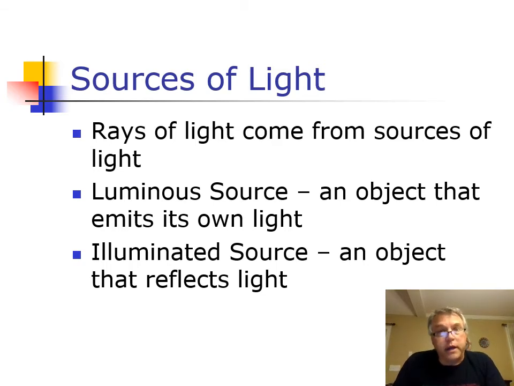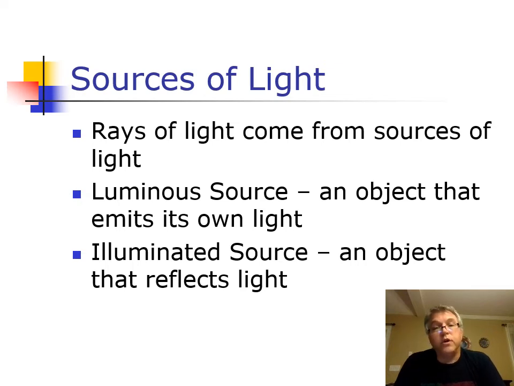An illuminated source of light is an object that reflects light. The reason why you can see my face right now is because the light is shining from the light bulb in my ceiling, coming down, bouncing off of my skin, and then going into the camera on my laptop. So the light is reflecting off of my skin, and that's why you can see me. And by the way, none of you can see me right now, just so you know. No, I haven't completely lost my mind again.